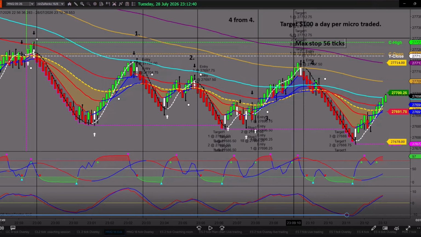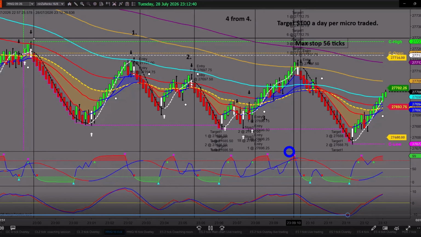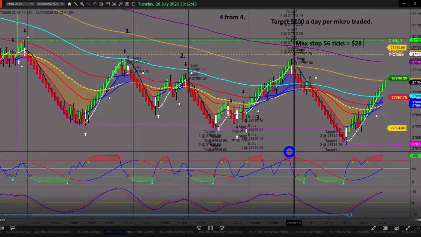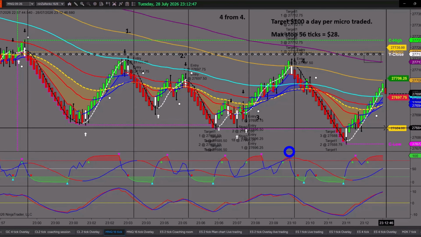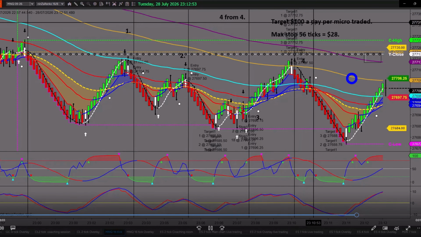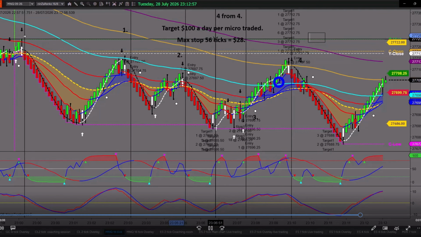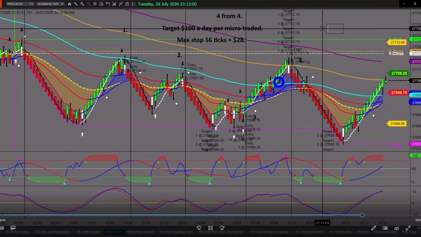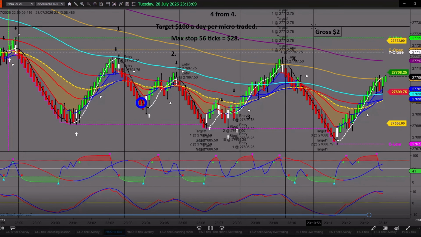So what that actually means, traders, you can easily be trading 30-40 contracts even after hours. Now you go and multiply that by, say, 40 contracts by $100 a contract, you're kicking butt big time. And so I'm after here $100 a day per micro traded, and what that means is effectively I need five 6-step moves. 1 2 3 4 5 6.